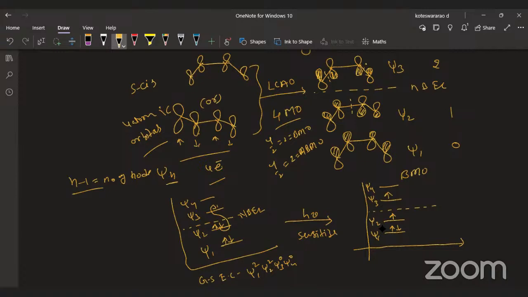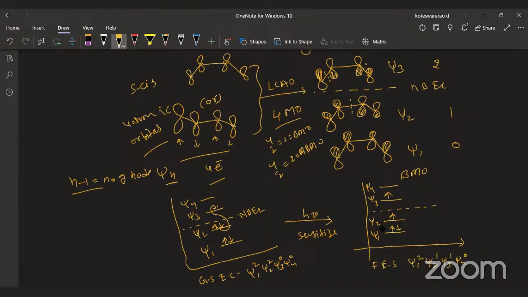This is the electronic configuration of the first excited state: psi1 2, psi2 1, psi3 1, psi4 0.